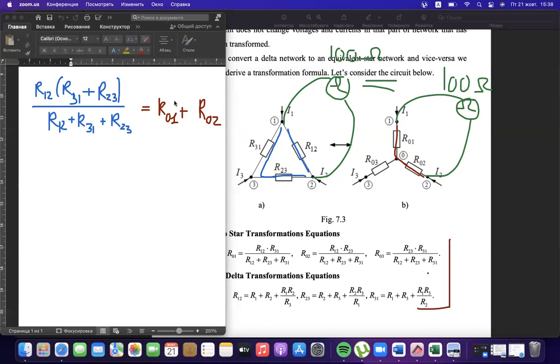For example, as you look here, R01 should be this part of the formula. Here it is. And R02 should be this part of the formula.